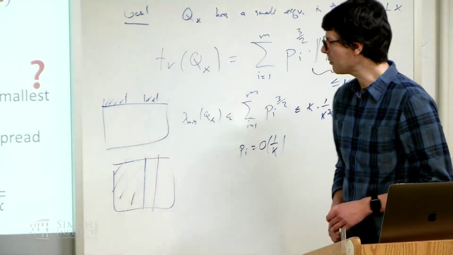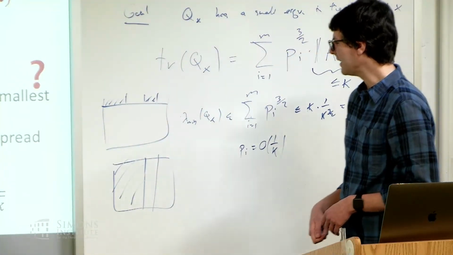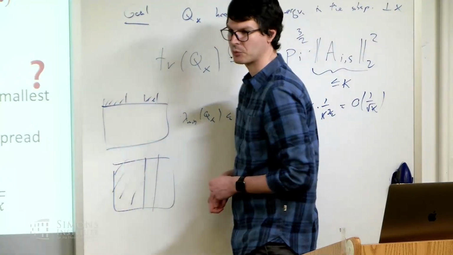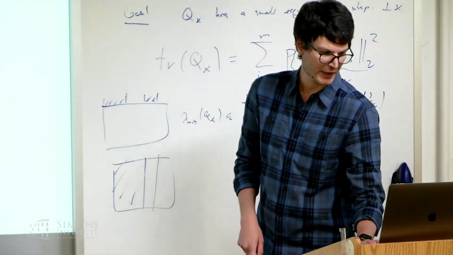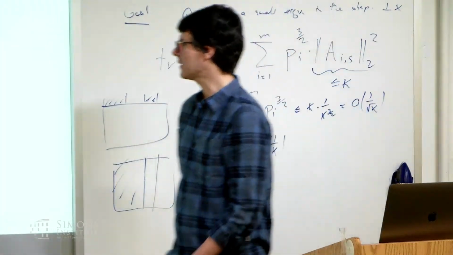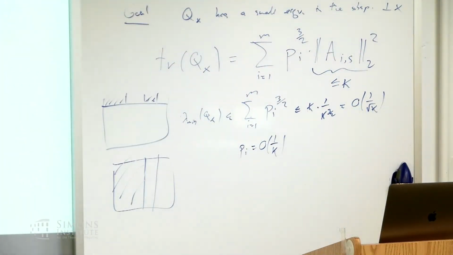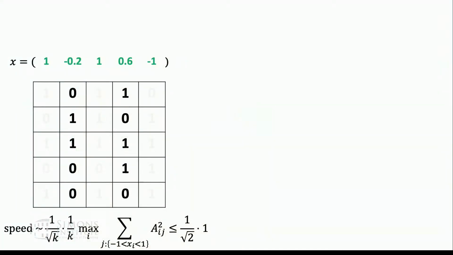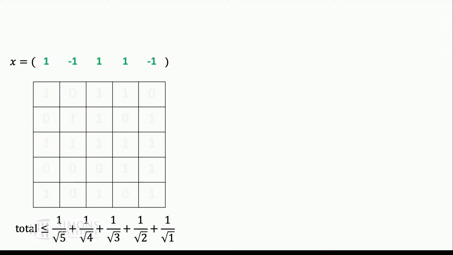So basically, to be able to get rid of this, you need to leverage this sort of uniform spread property, which really does not come for free. The reason is that you can just look at the Spencer instance. You can measure the speed initially. It's going to be bounded by 1 over root 5, then 1 over root 4, 1 over root 3, and you get exactly what you need.